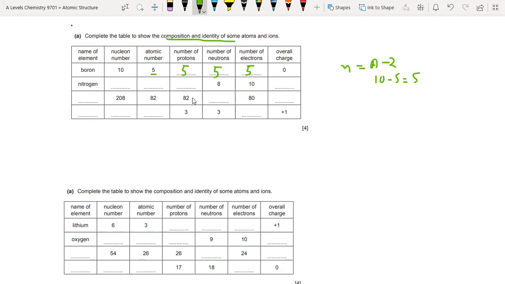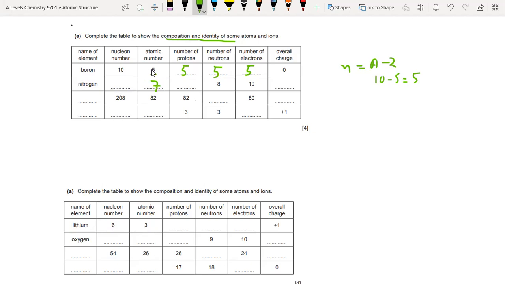Now, second, there is a nitrogen atom. We don't know what the charge is, what the nucleon number is, or what the atomic number is. The periodic table will give us the atomic number of nitrogen, that is 7.